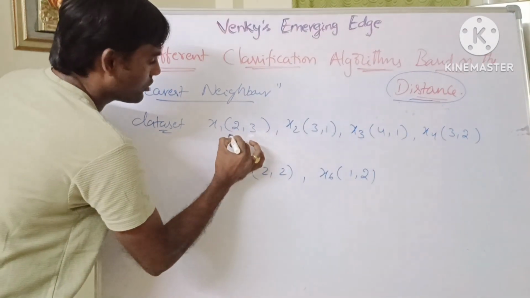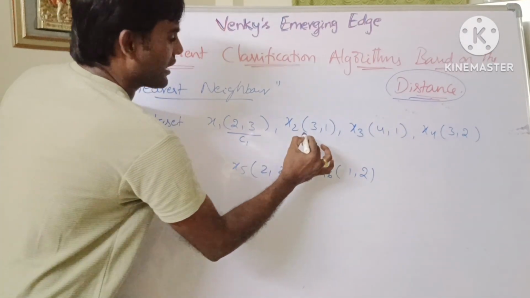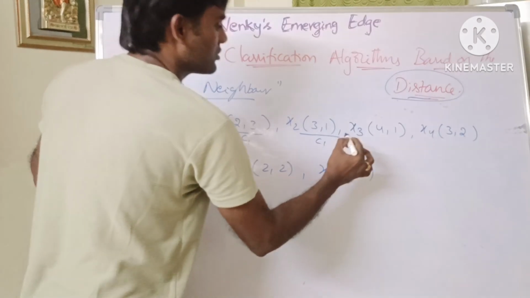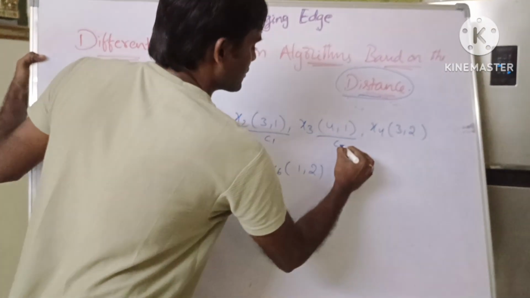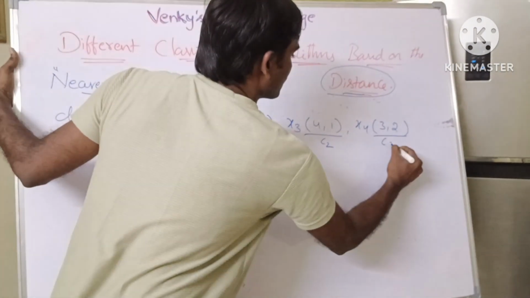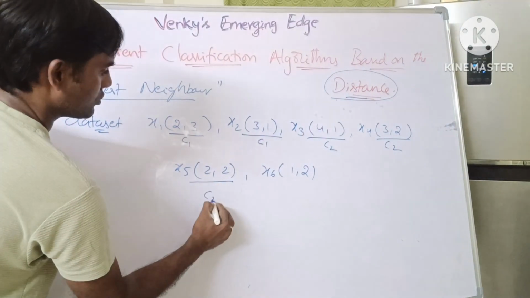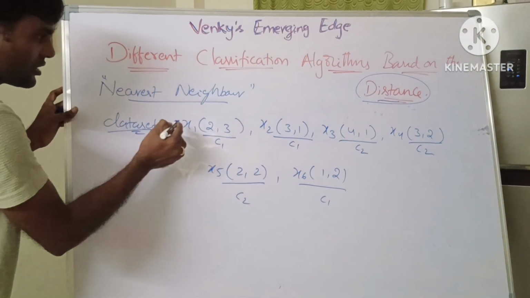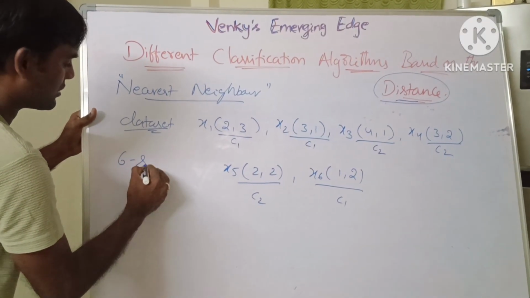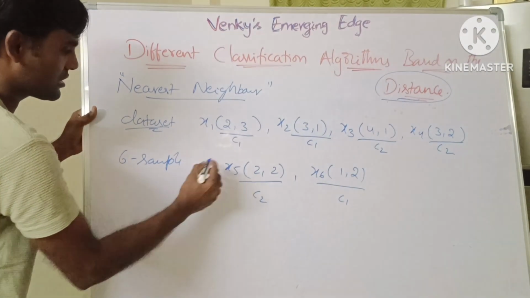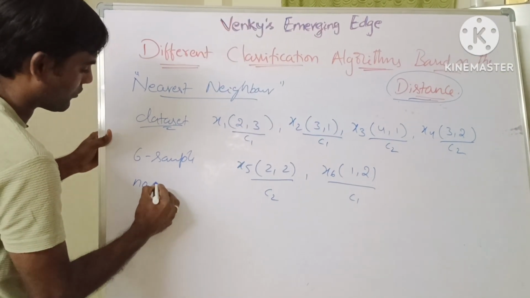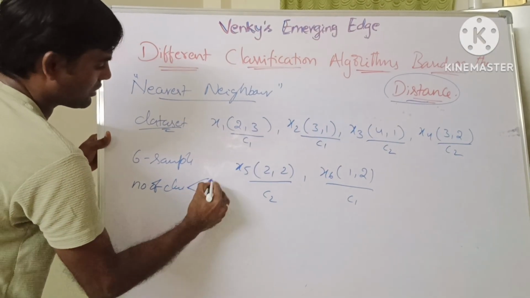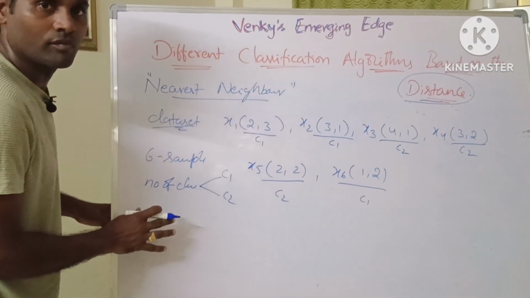X1 is related to C1 class, X2 related to C1 class, X3 related to class 2, X4 is class 2, X5 is class 2, X6 is class 1. That means the data set has 6 samples and the number of classes is 2, class 1 and class 2.